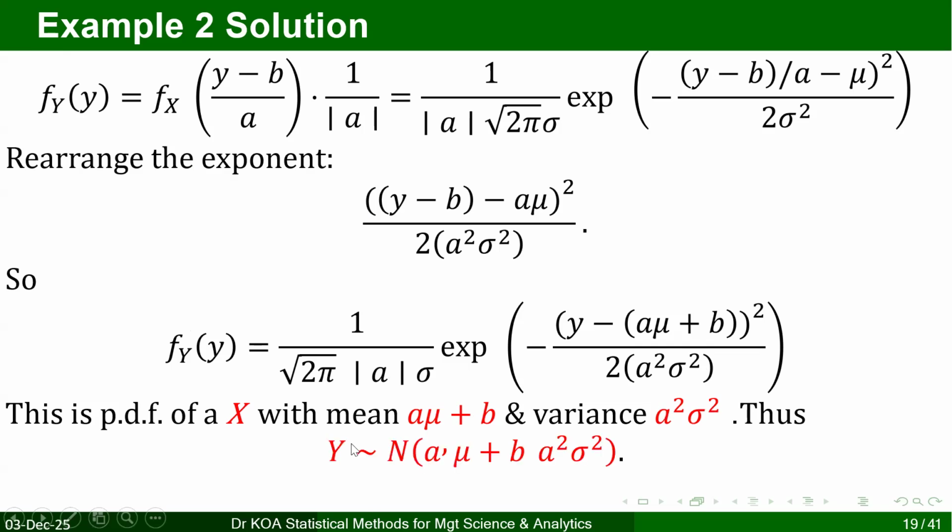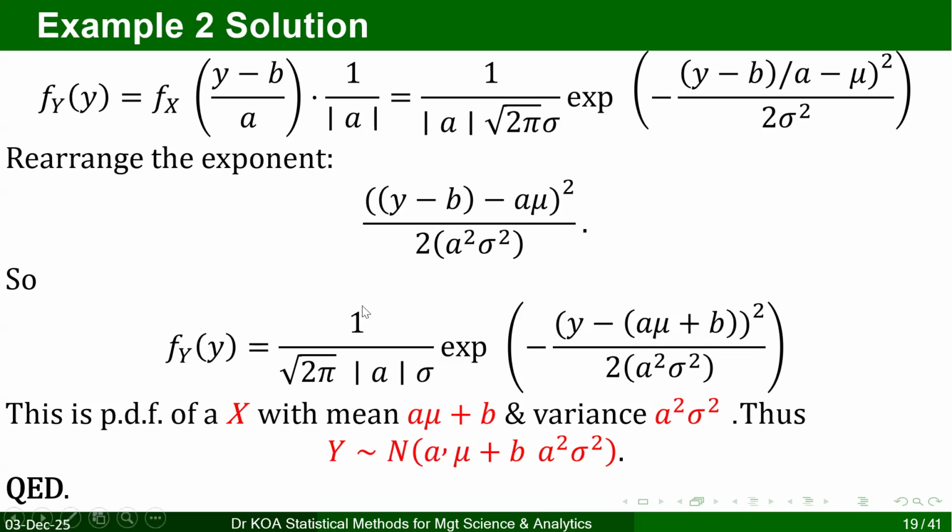So we can say that y is normally distributed with a mean of a mu plus b, and then you have a variance of a squared sigma squared. Go through it and familiarize yourself with that.